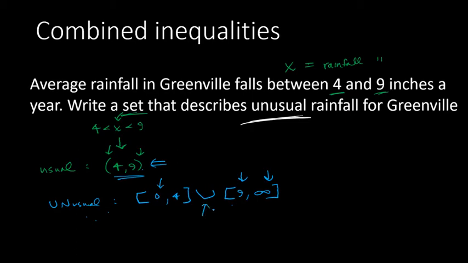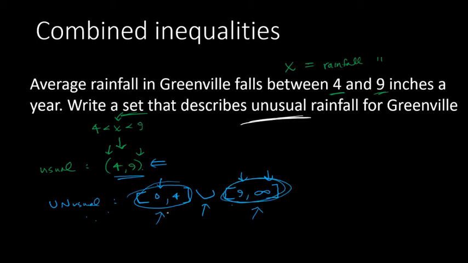And now I've used the union symbol to connect my two pieces because I'm saying if the number of inches falls anywhere in here or anywhere in here, that would be unusual. It would be impossible for the number of inches of rainfall per year to fall in both of these, right? That couldn't even happen. So again, I'm using a union symbol because I'm saying any value that falls in this piece, any value that falls in this piece would be unusual.